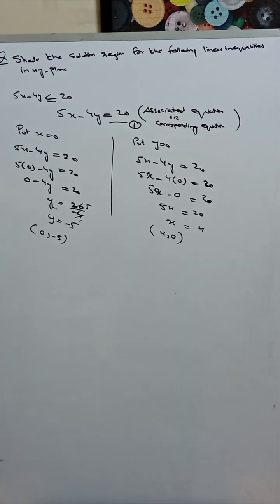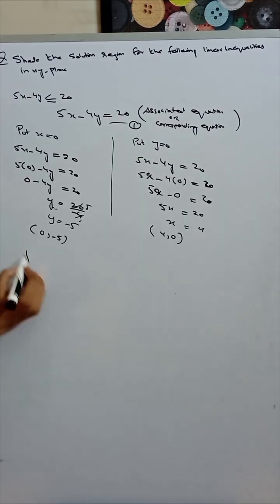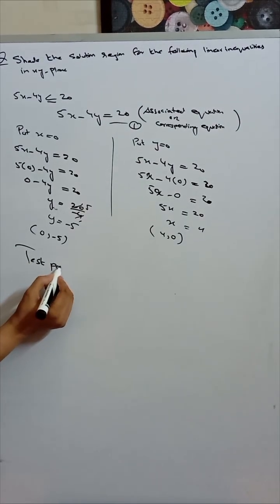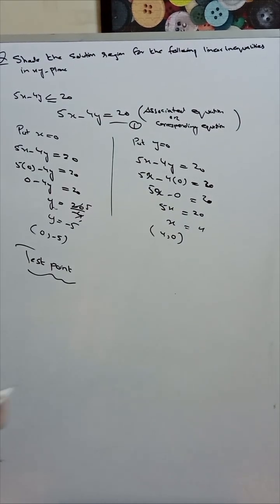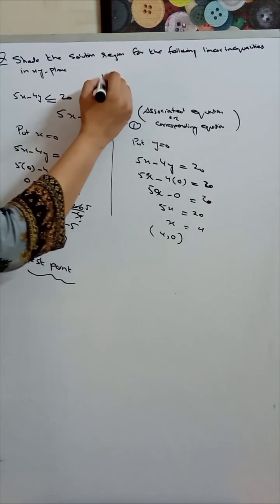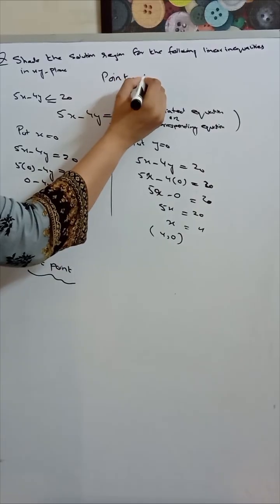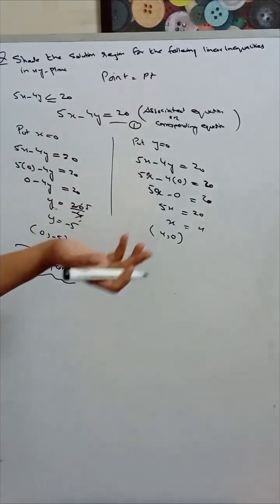Now, to test the point, that is, whether this inequality is false or true. So that's the purpose of the test point. If you write here test PT, it's also called test point. If I write PT, it's okay.